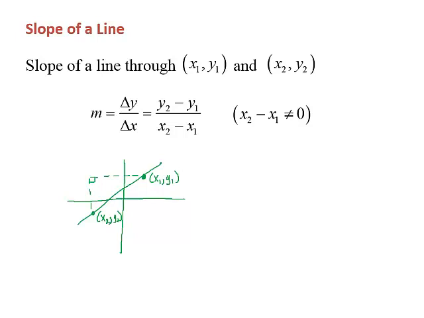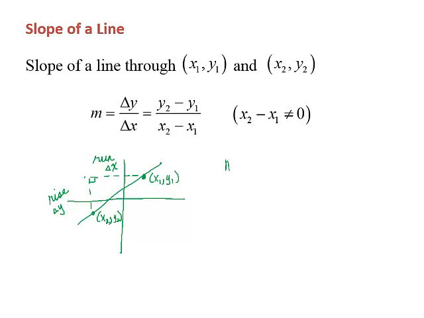The vertical change is this rise, divided by the horizontal change, or run, which is the change in x. So the rise is the difference between the two y values, and the run is the difference between the two x values. It can be y sub 2 minus y sub 1 divided by x sub 2 minus x sub 1.